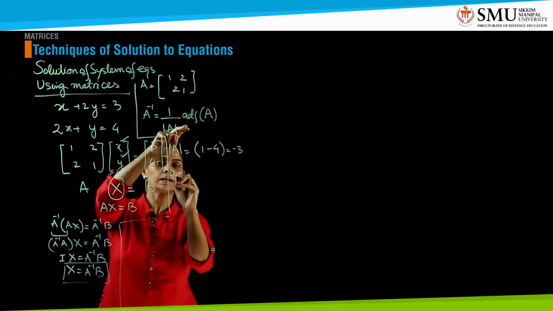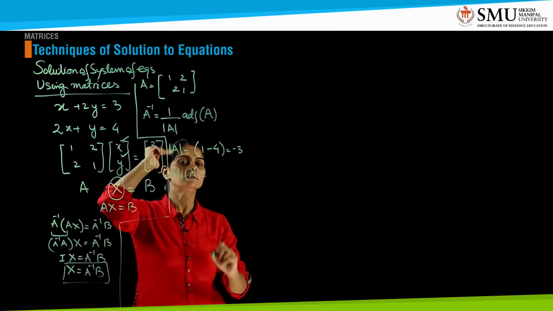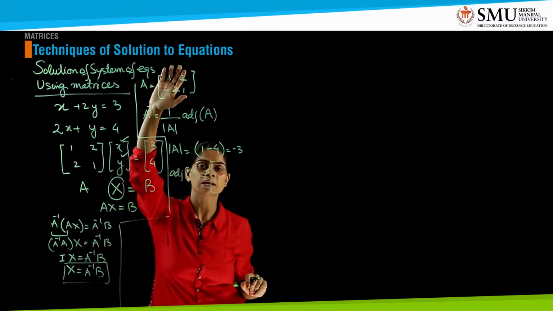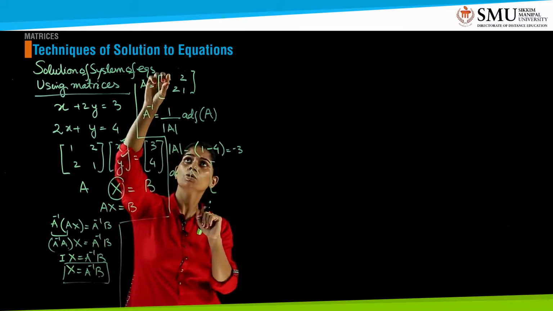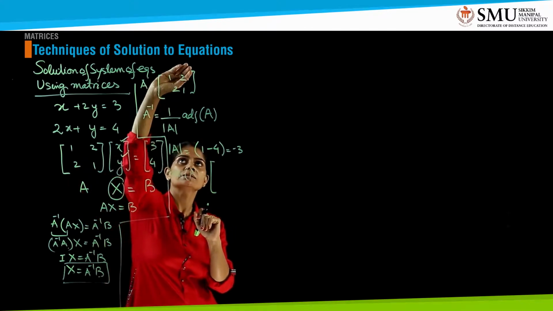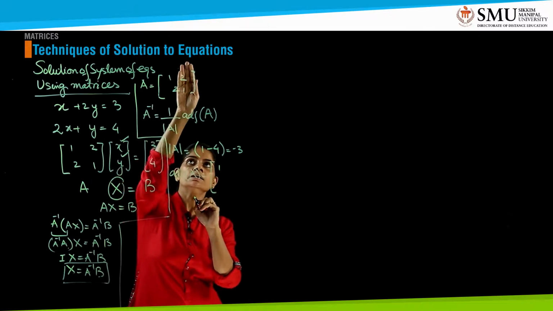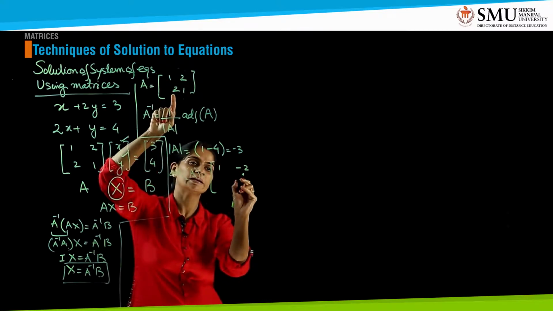Now, we have to find the adjoint of A. How do we find the adjoint of A? We find the cofactors for every element, then take the transpose and that will give you the adjoint of A. Cofactor for this element: leave this row and column, only 1 is left, with the positive sign. For this element, this column and this row are left out, we are left with 2 with the negative sign.